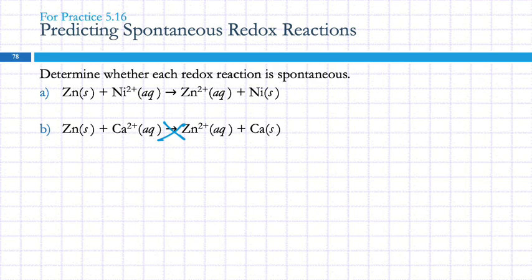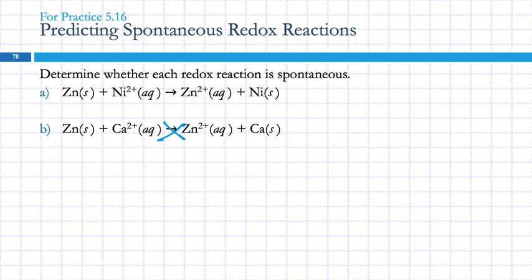So is it not possible to happen, or is it just unlikely? It is possible to happen. It's just unlikely. But it doesn't happen on its own. It has to be forced. So the way you can force this to happen is using electricity.